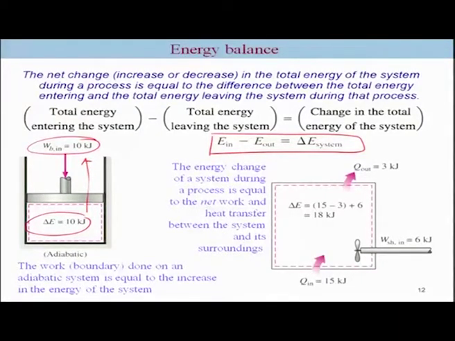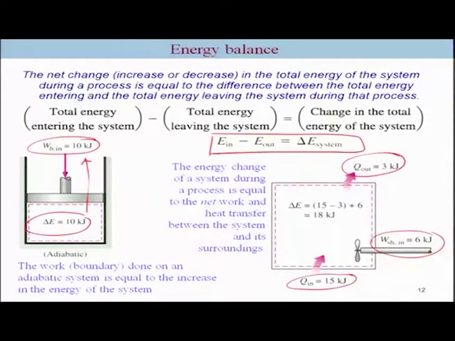In this case, you have a system where shaft work is supplied, but there is a heat interaction. Certain heat is being supplied here and certain heat is lost to the surroundings. So, considering this basic definition, E in minus E out is equal to delta E system. So, what is delta E system? Okay, this will be 15 minus 3 plus 6, which is equal to 18 kilojoules.